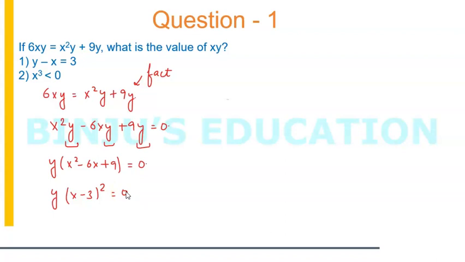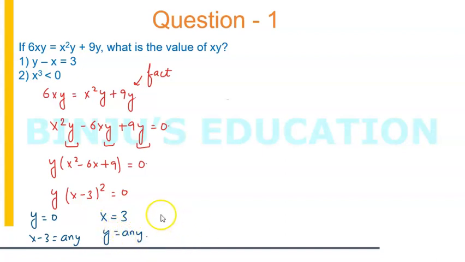Now I'm going to conclude this statement. If y into (x minus 3) square is 0, what possibilities can I have? First possibility is y can be 0, and x minus 3 can be any number. Second is x minus 3 is 0, which gives x is equal to 3, and in that case y can be any number.